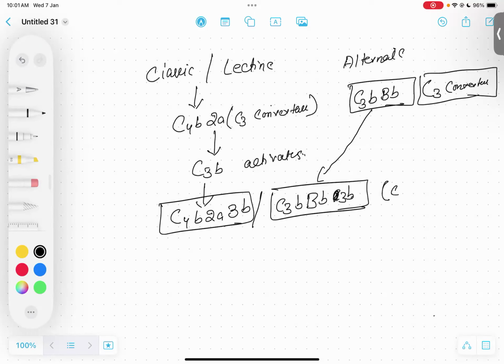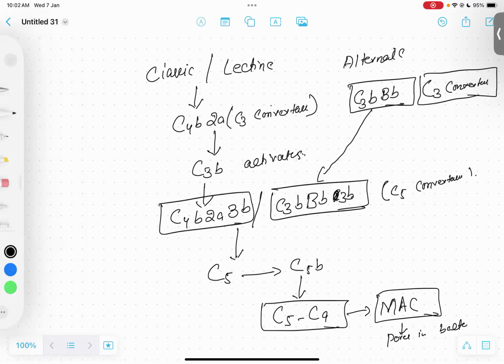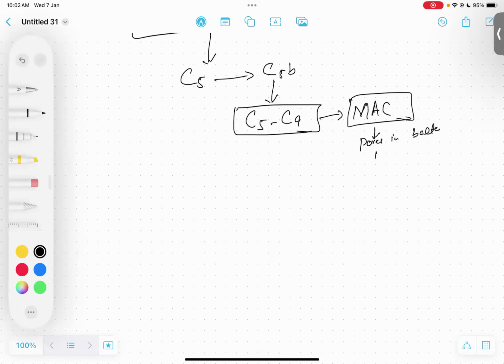This is called C5 convertase, and this C5 convertase then activates C5 into C5b, and this C5b then combines with four other complement proteins, that is C6 to C9, and this will then activate MAC, and this MAC is responsible for making pores in the bacteria and leads to lysis.